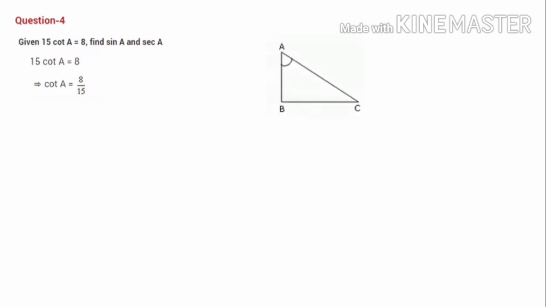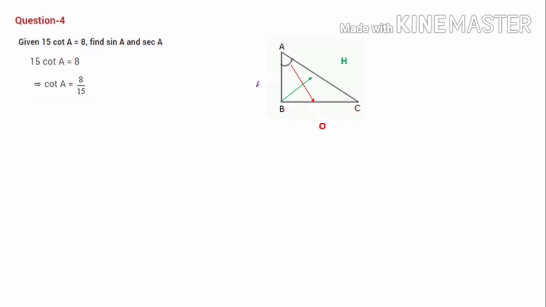Then let's visualize it. There is a right triangle ABC and the angle marked here is A. H is opposite the 90 degrees, and O is opposite angle A, which is BC.